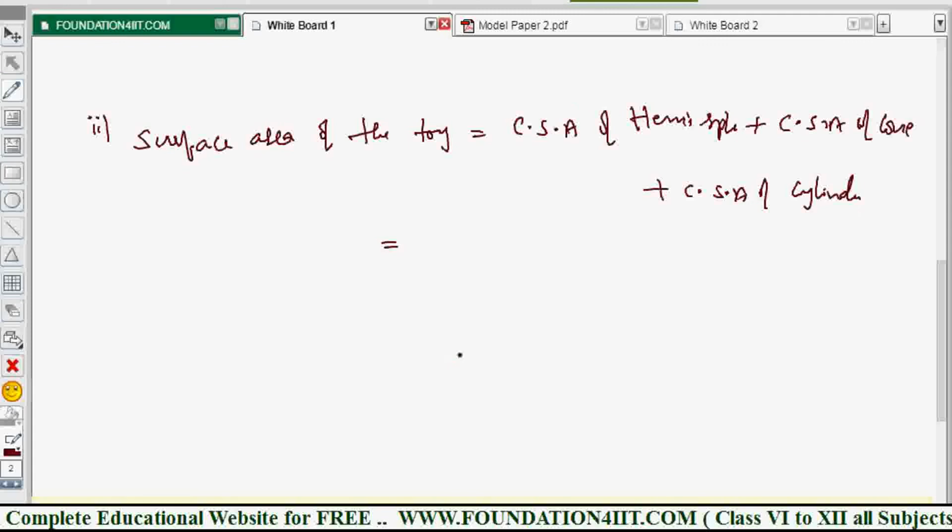Then we know that CSA of the hemisphere is 2 pi r square, so 2 into pi into radius, which is 5 for all, plus CSA of the cone, pi r l, right? So pi into 5 into l. So the slant height we need to find using the formula. Then CSA of the cylinder is 2 pi r h, 2 into pi into r and h, right?